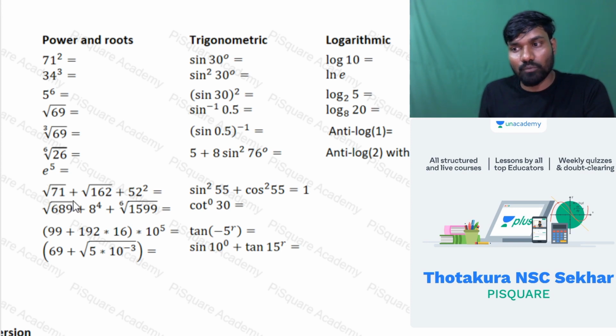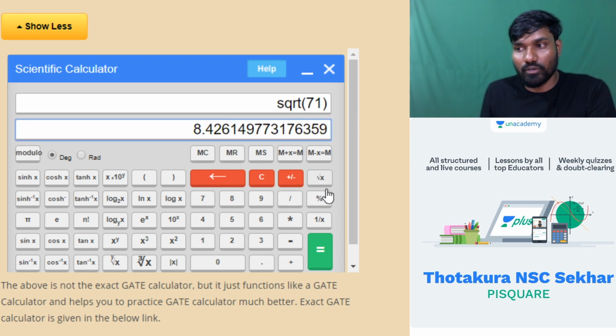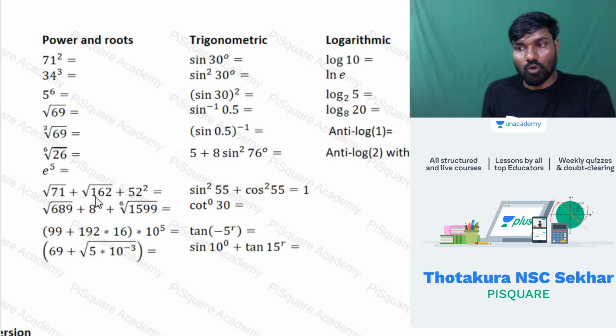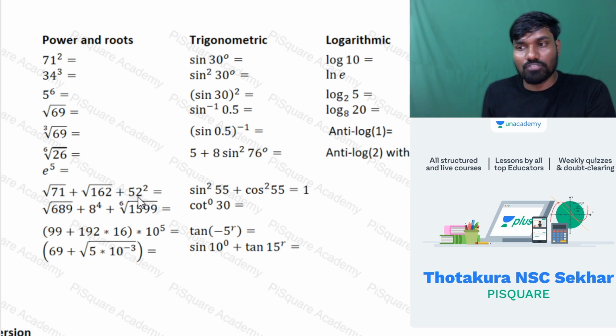Okay. The next one: under root 71 plus under root 162 plus 52 square. So for 71 root, x first, 71 under root, plus the next one is root 162, x first, 162 under root, plus the third one, 52 square. Square is here, x first, 52 square.